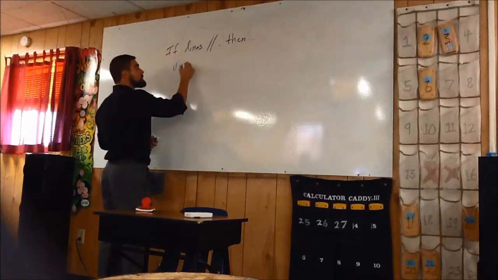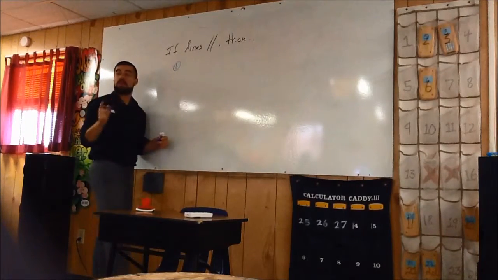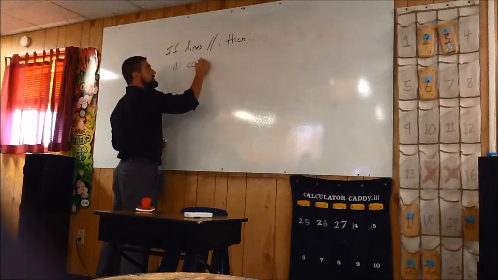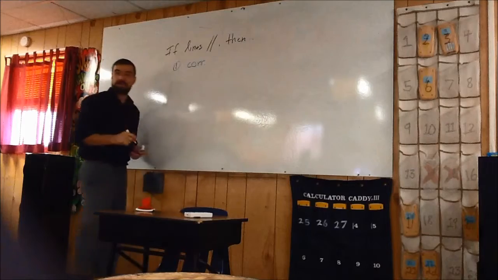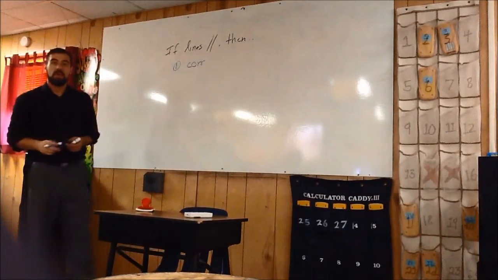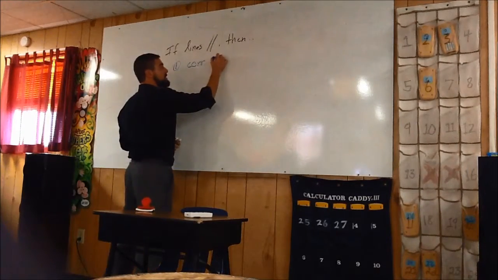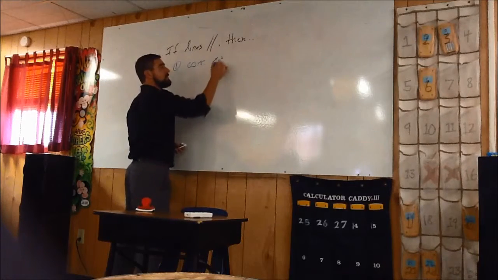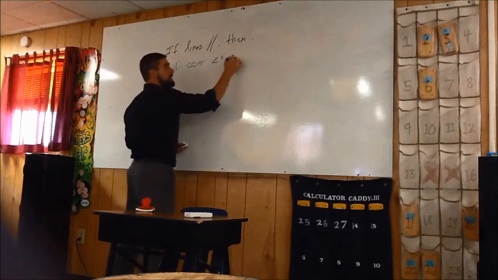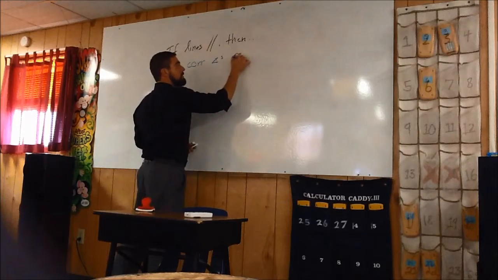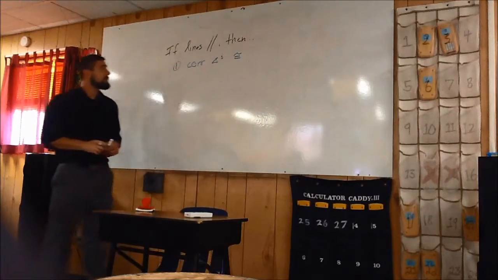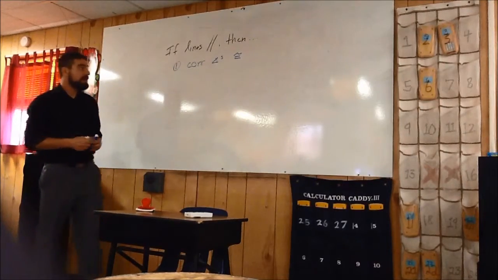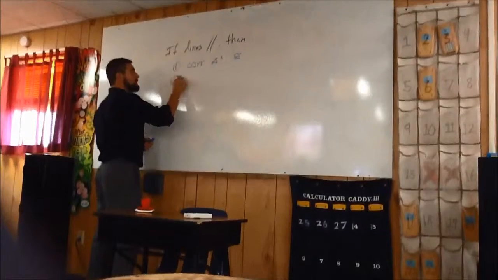So if lines are parallel, then corresponding angles are congruent. I'm going to let you abbreviate corresponding with C-O-R-R, period. Corresponding angles, and I'm going to let you use the angle symbol with an S, and then write congruent.